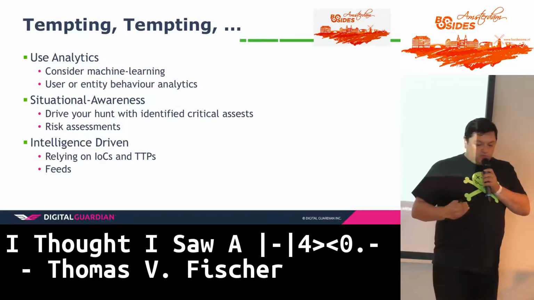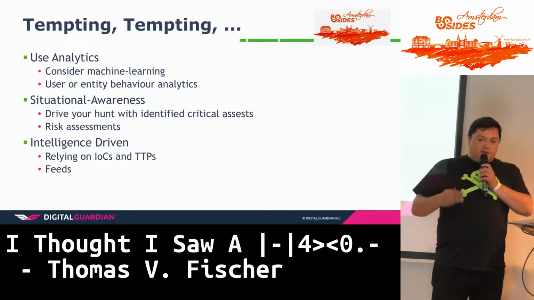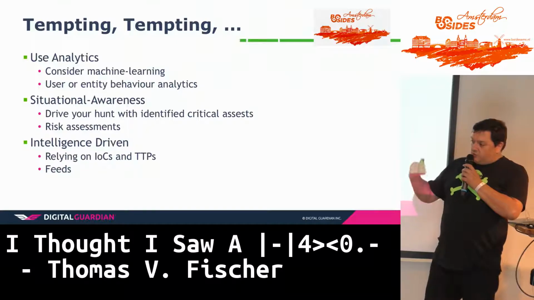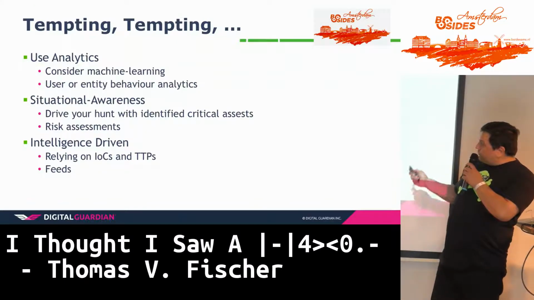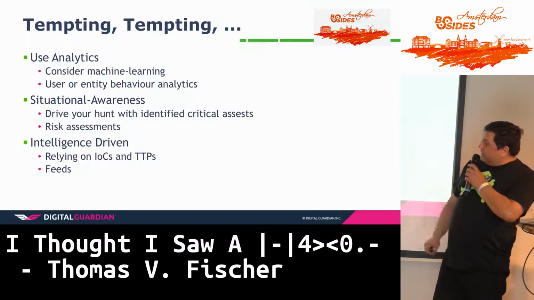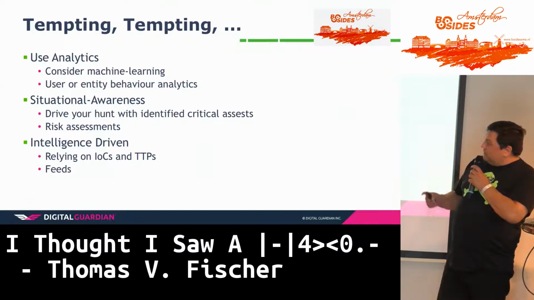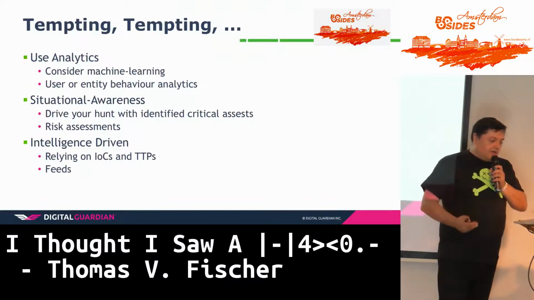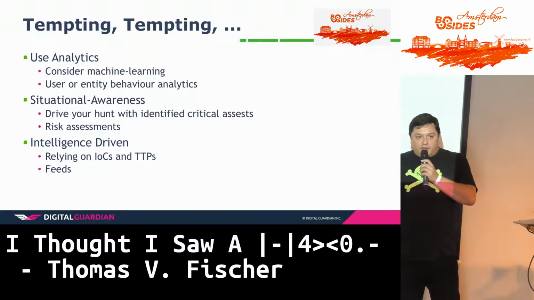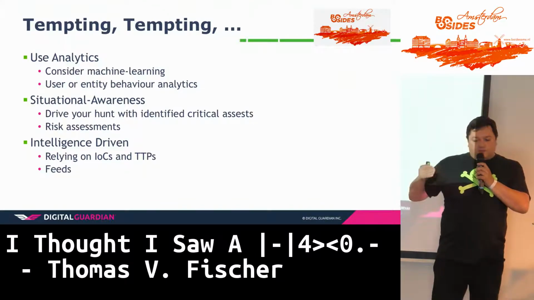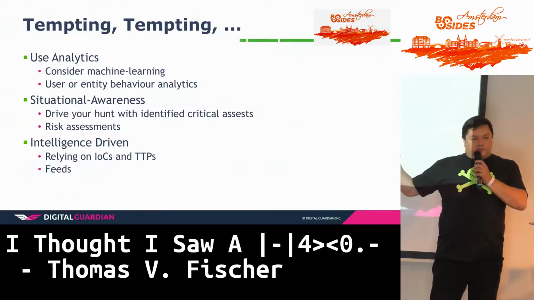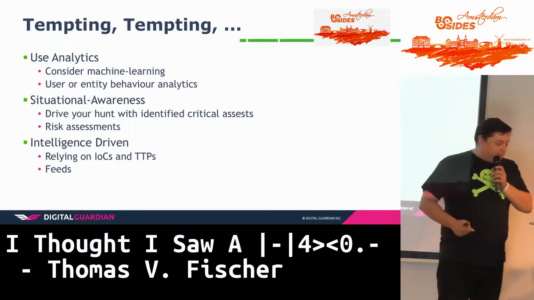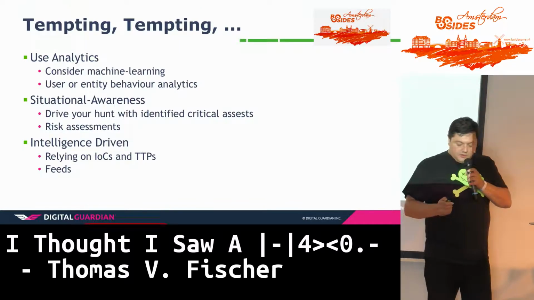If you can match those, you already know that something's going on, and you can pass it on to the next phase, which would be incident handling. Another really good thing is user analytics. We're starting to see some really good stuff around user analytics and machine learning. The idea behind machine learning is that if you apply it right, you can weed out certain activities and highlight others as suspicious that you could then dig into.